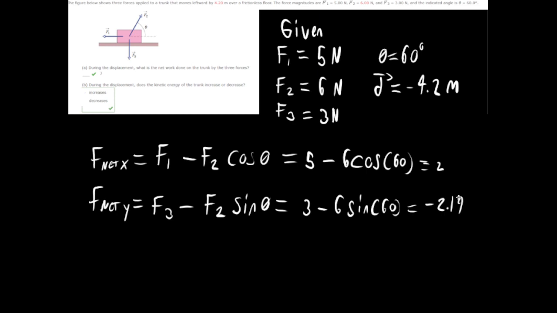Well, since it's work, and work equals the force times displacement, since there is no actual displacement for F net y, since the block is just moving along one axis, it is not moving up or down, it is just moving left and right.